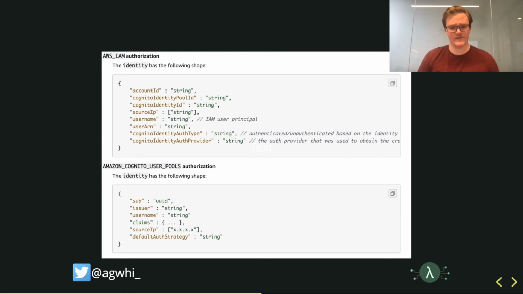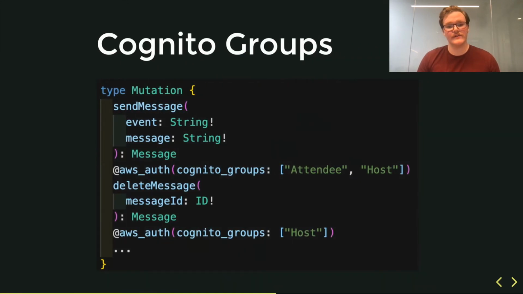But for further access control, it also works really well with Cognito Groups. So in our system, we want anyone to be able to send messages, so attendees or hosts. But we have a host user which also needs to be able to moderate messages. So for example, say an attendee sends something inappropriate, a host should be able to delete that message. So in this case, it's a one-liner.